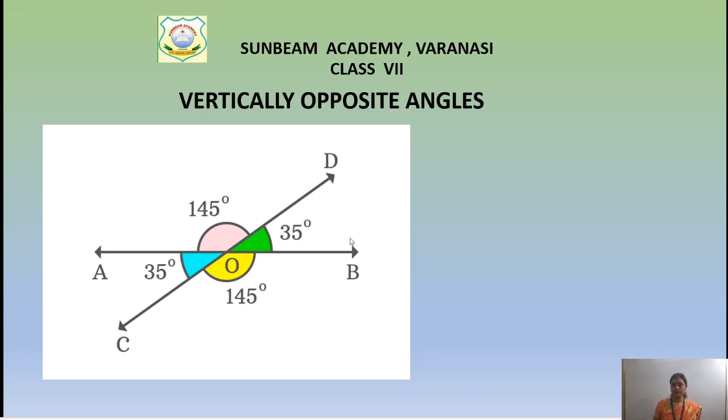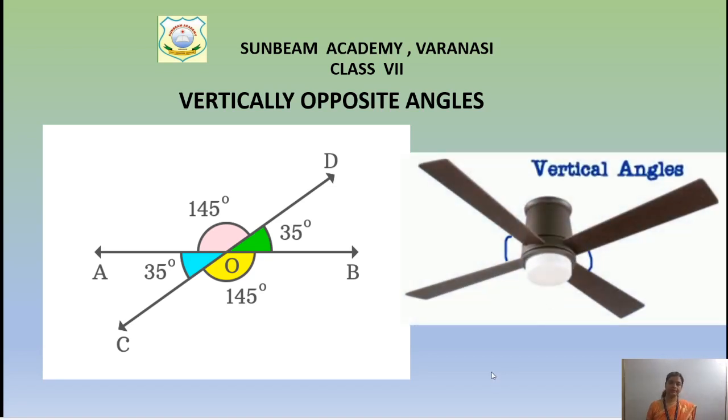They are equal. In the same way, you can see one more pair of opposite angles, and their value is 145 degrees, and they are also the same. So this is an example of vertically opposite angles.